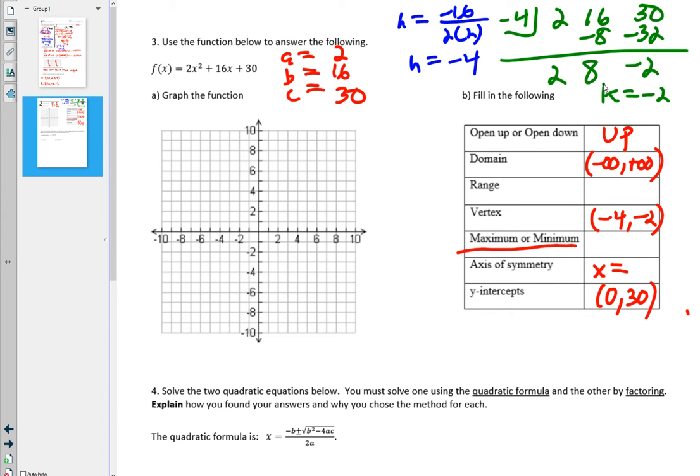We're talking about the vertex. The word maximum or minimum applies to the vertex, but technically, most of the time when they use that verbiage instead of vertex, they're really just talking about the y. In this case, is this going to have a maximum or a minimum? If it's going up, it's going to be a minimum. So I'm going to put a min.